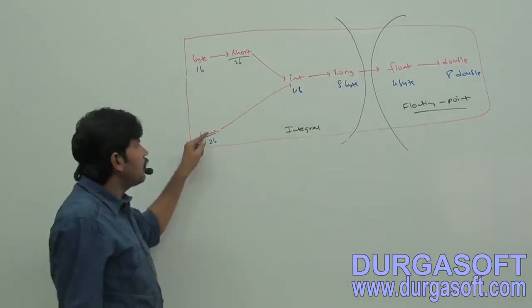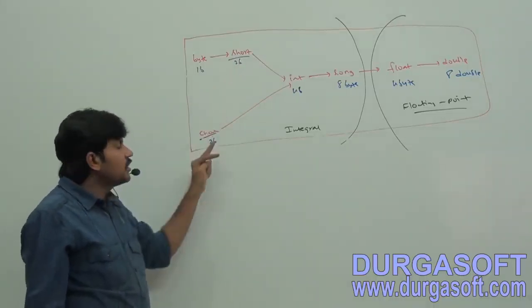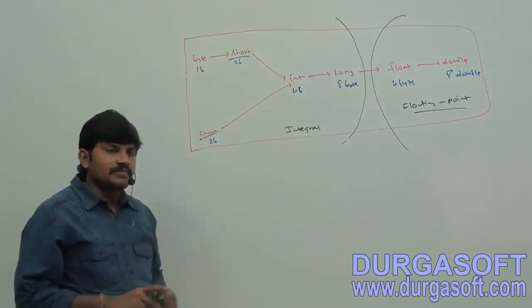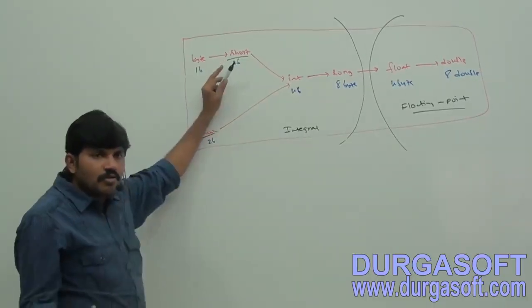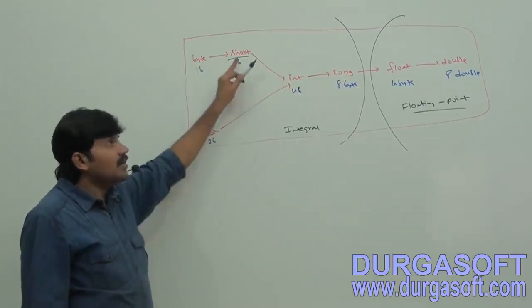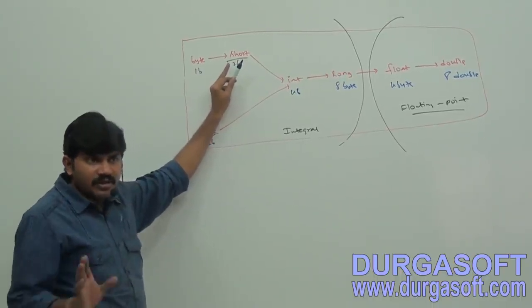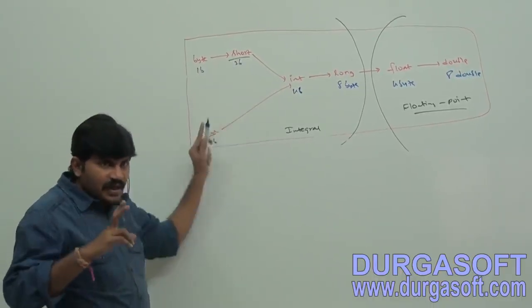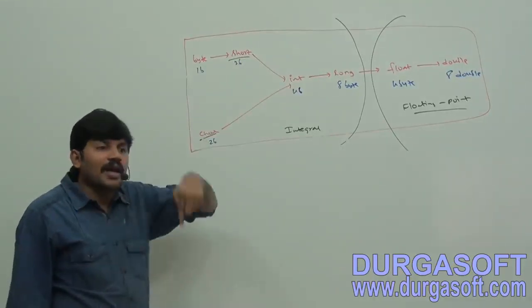Sir, if I want to assign this one to short, 65,535 is valid for char. Is it possible to assign to short? No, because here 16 bits represent the value, but here only 15 bits represent the value. 1 bit is already reserved for the sign. That's why there is a difference between signed and unsigned.